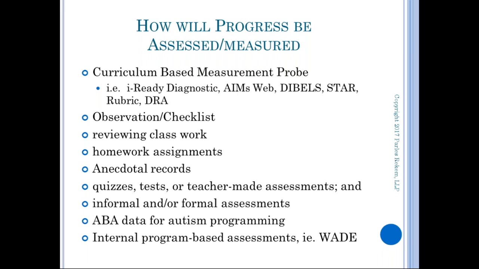There may be writing goals for writing a five-paragraph essay, things like that. You'd be reviewing the actual classwork, homework assignments. There's always anecdotal records that are brought to bear, and the teachers generally use that as well when they're making their present levels for the IEP. There's quizzes, tests, teacher-made assessments, informal and formal assessments.